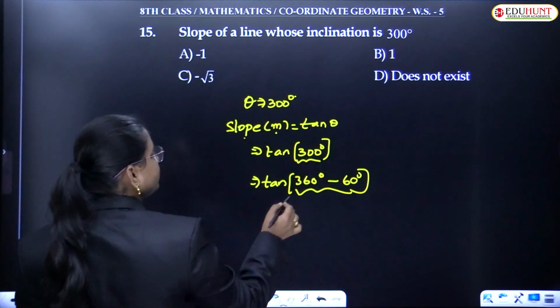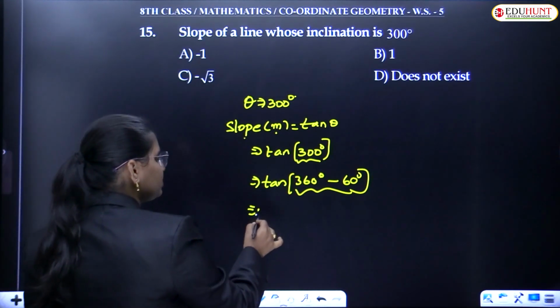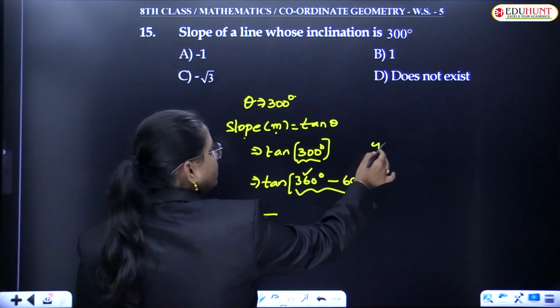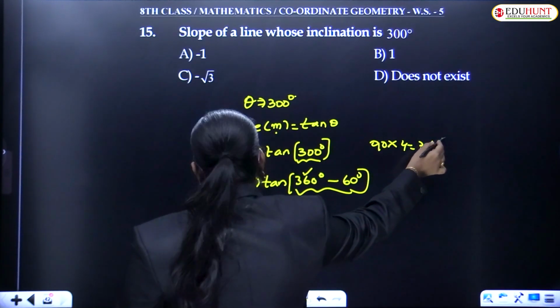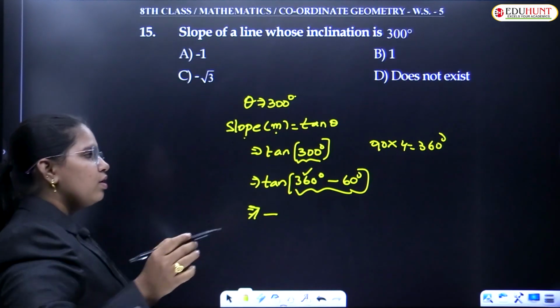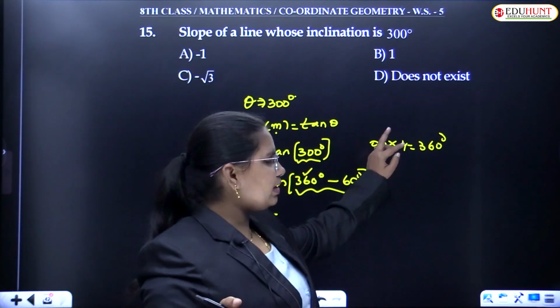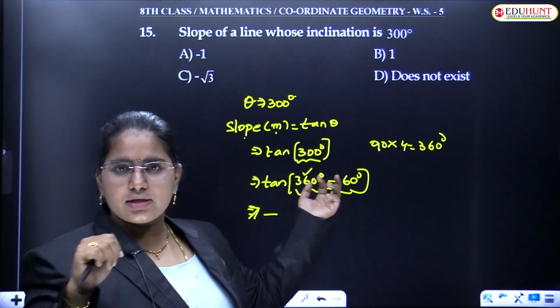So 360 minus theta lies in the fourth quadrant. In the fourth quadrant, tan is becoming negative. So 360 can be expressed as 90 into 4, and 4 is an even number. So 360 is an even multiple of 90. If it is an even multiple of 90, the function does not change.